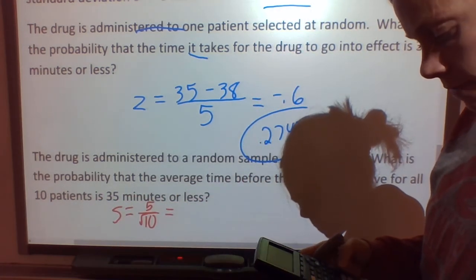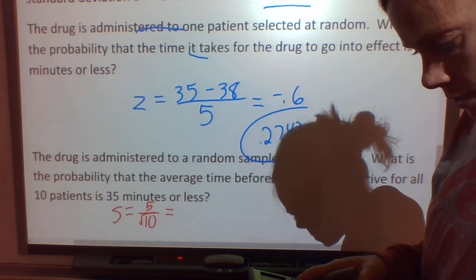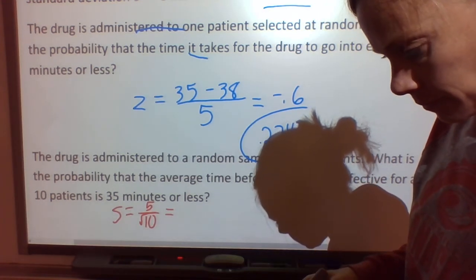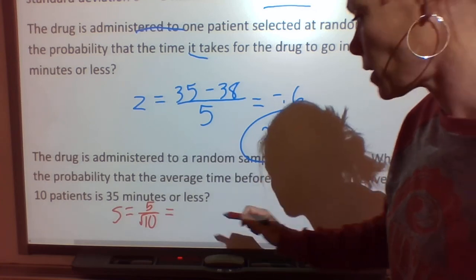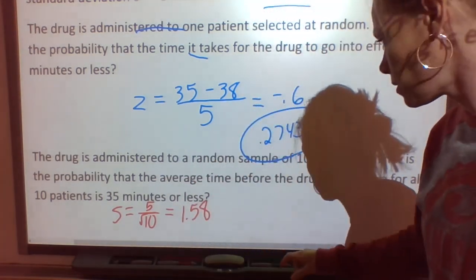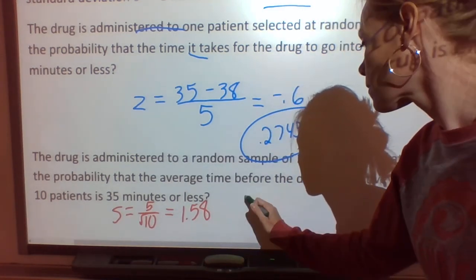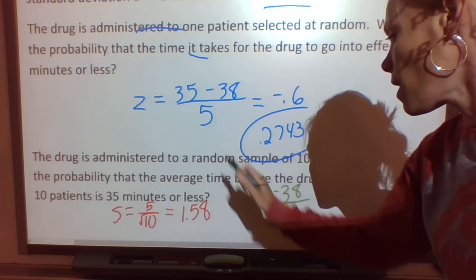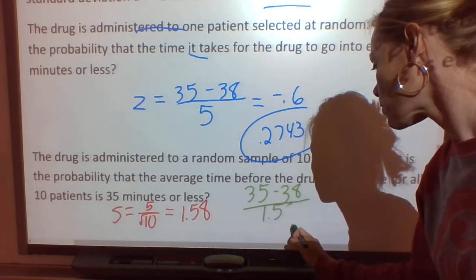So 5 divided by the square root of 10 is 1.58. Okay, so I'm solving this just like I did up here, but now instead of 5, I use my new standard deviation.